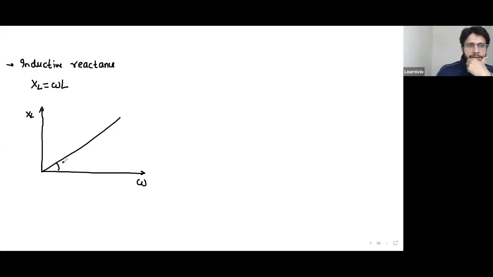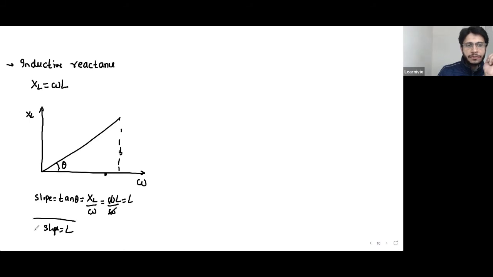If I say this angle is theta, the slope will be equal to tan theta, right? And what is tan theta? It's perpendicular upon base. The perpendicular is parallel to XL, the base is parallel to omega. So this is XL divided by omega. And XL is omega L, divided by omega, it gets cancelled out. So the slope of this graph basically represents L, self-induction.